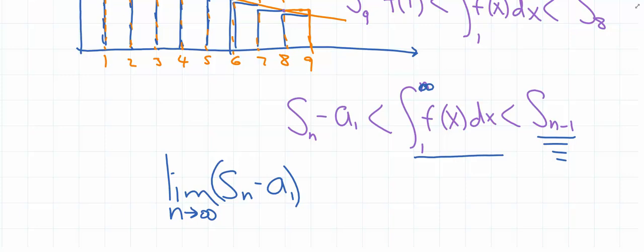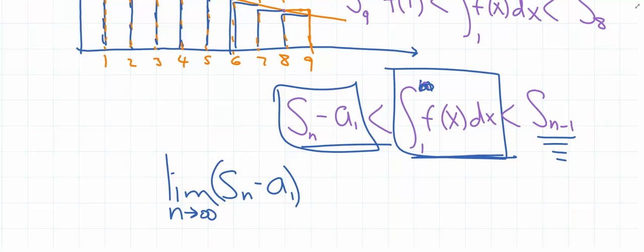For whatever choice of n we choose, since this right here is always bigger than this, if this integral converges, if it has a value, what does that tell you about this right here? It's going to be bounded, right? It's bounded and monotonic, so that tells you that your series is going to converge, right? So if the integral from 1 to infinity is always bigger than this, and this integral converges, then that series has to converge, right?